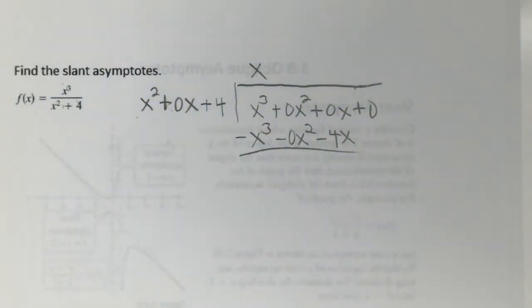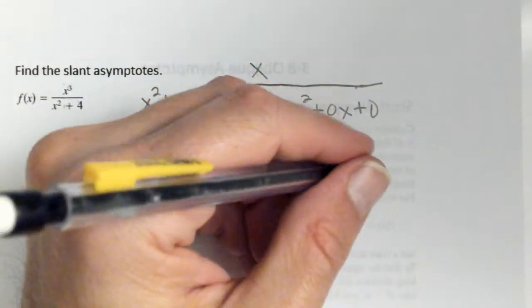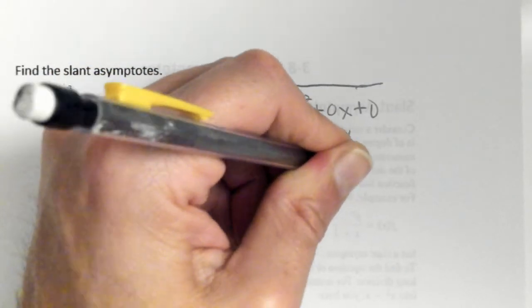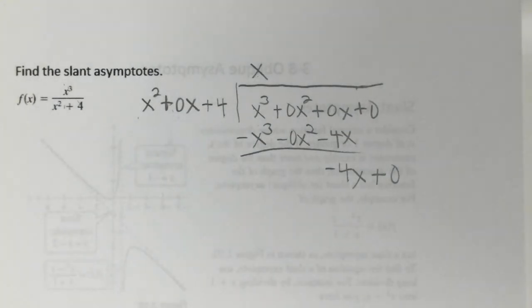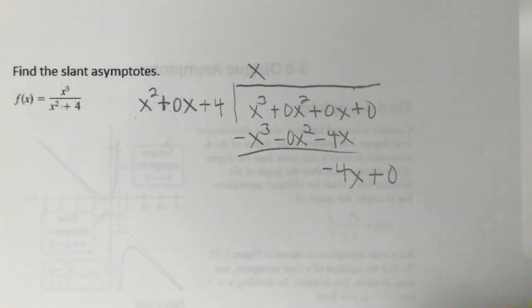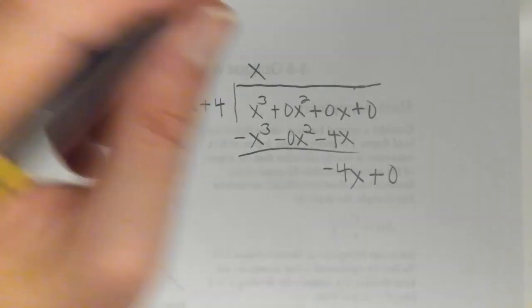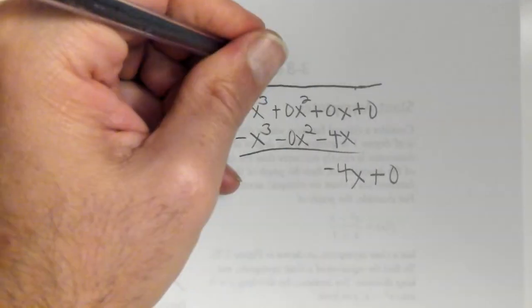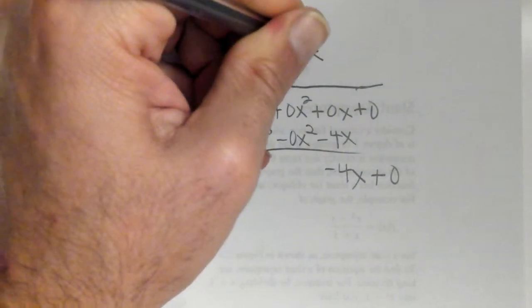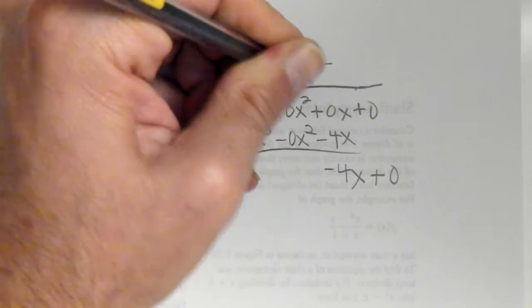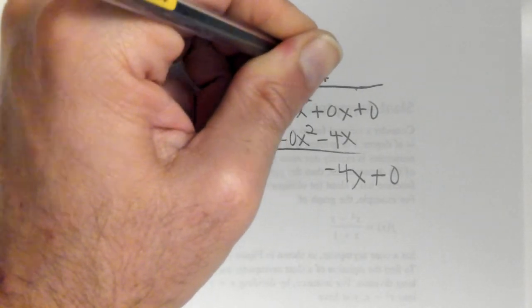Alright, let's see what we got here. Gone, gone, and this will be negative 4x, and plus 0 drops down. I need the placeholder. Really, there's no more division necessary here. That is your remainder, because there's nothing else really to divide out in this thing. So the division here gives me x minus 4x over x squared plus 4.